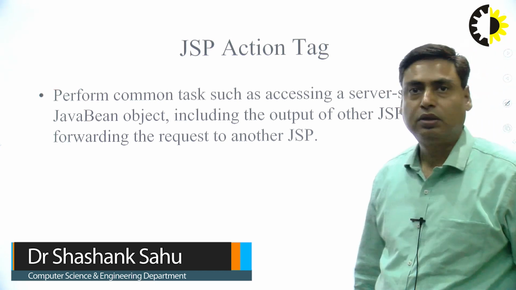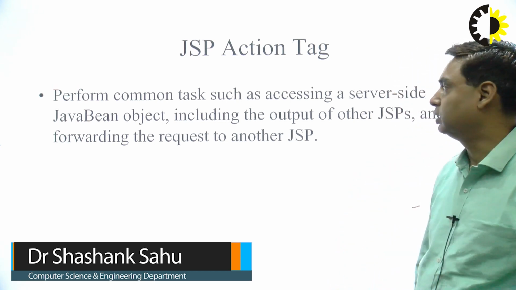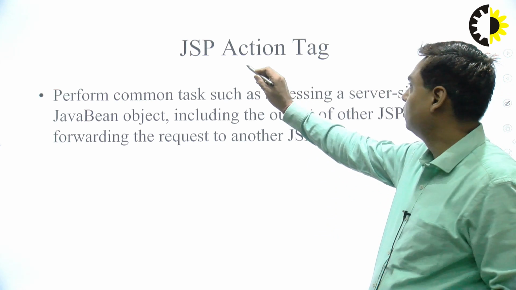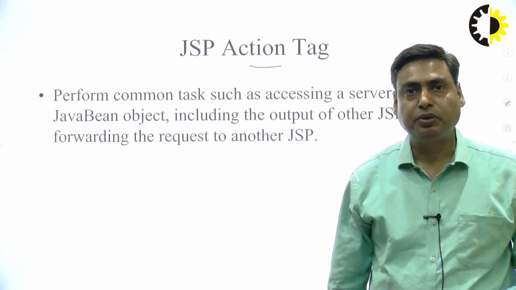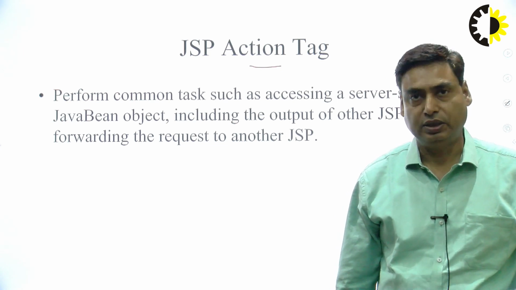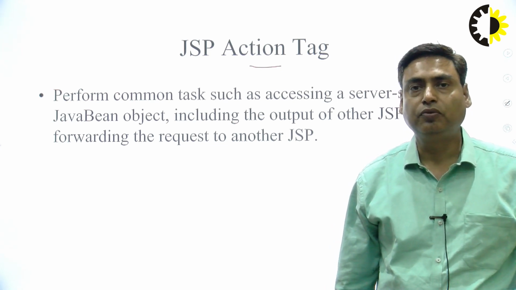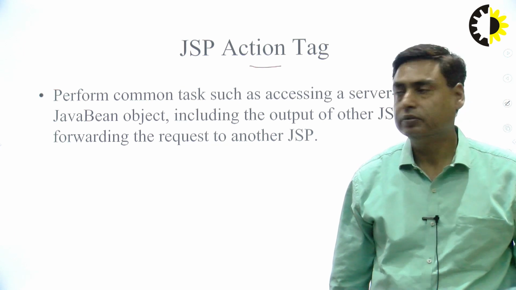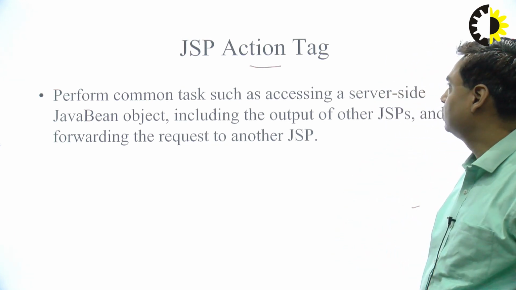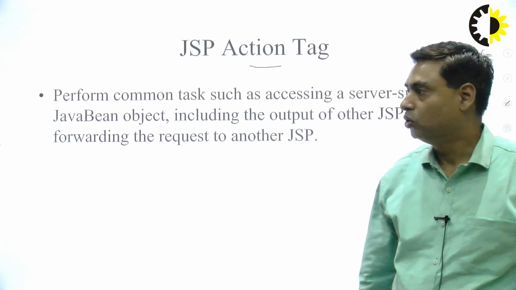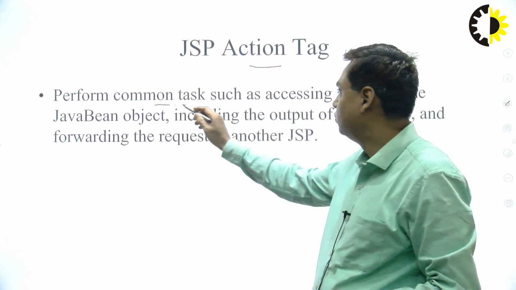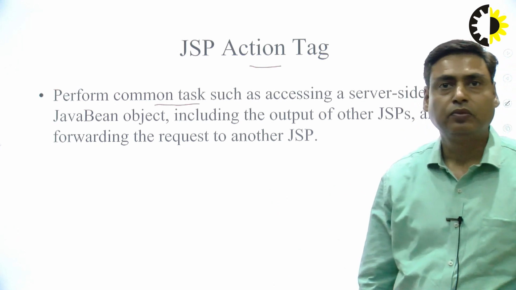Now first of all, what is the JSP action tag? Basically it is used to combine more than one JSP instruction into one statement. So therefore we call it an action tag. The purpose of this JSP action tag is to include common tasks which are needed frequently.